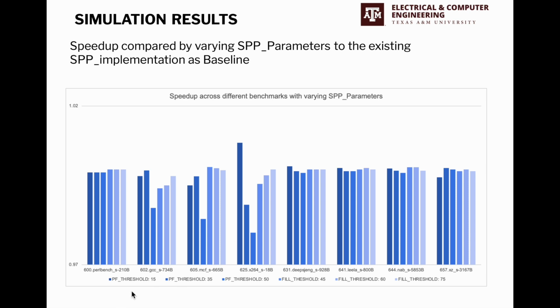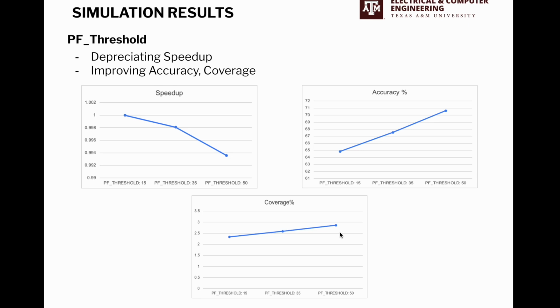The PF threshold values range from 15 to 50, and the fill threshold values range from 45 to 75. We are varying these two parameters because they regulate the prefetching behavior based on confidence levels. That's how varying PF threshold and fill threshold can affect our accuracy, coverage, and speedup. Here, PF threshold is a threshold value which determines whether a prefetch candidate with a confidence level above it should proceed with the prefetch operation or not.